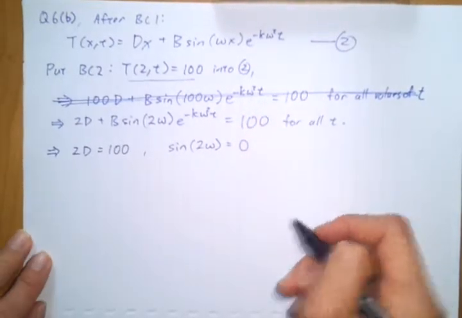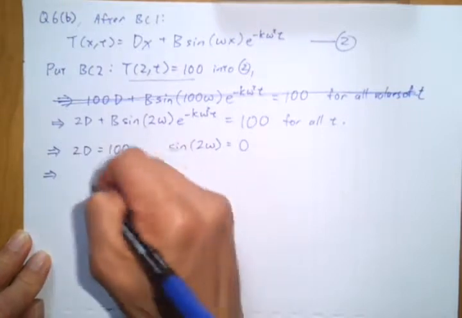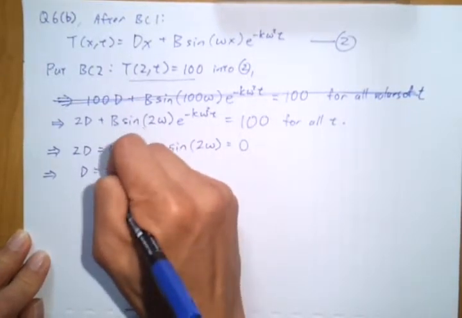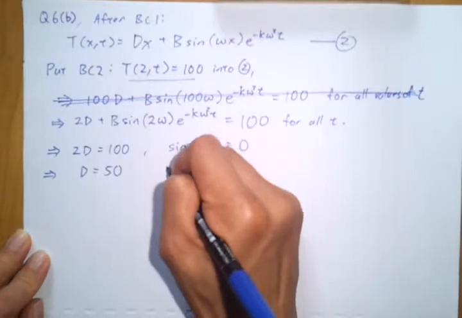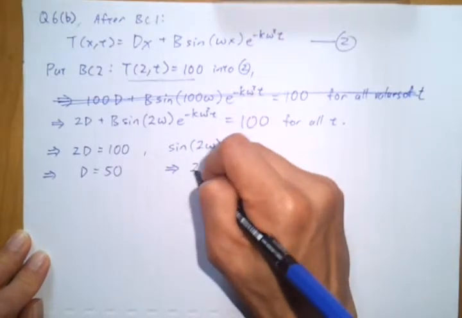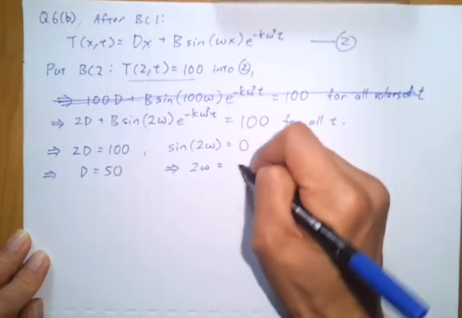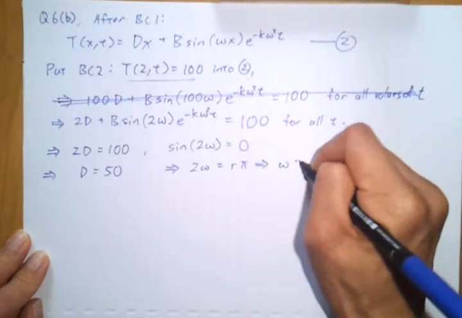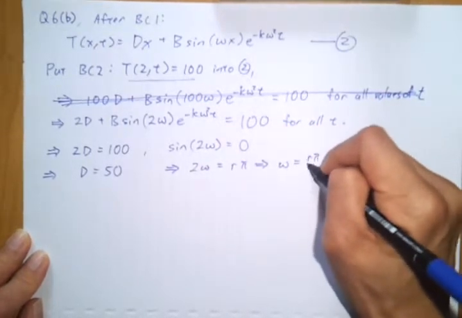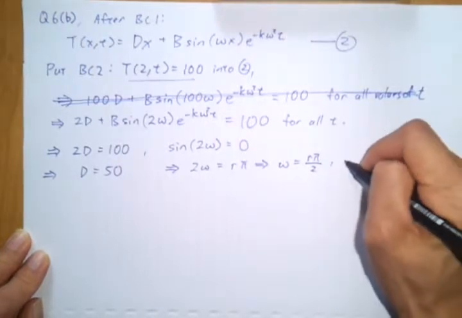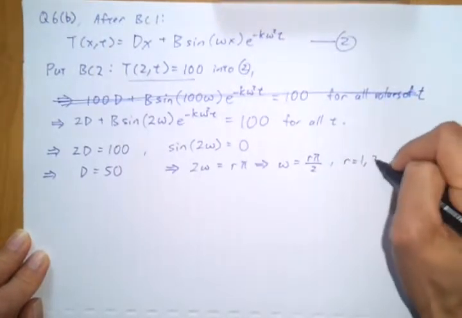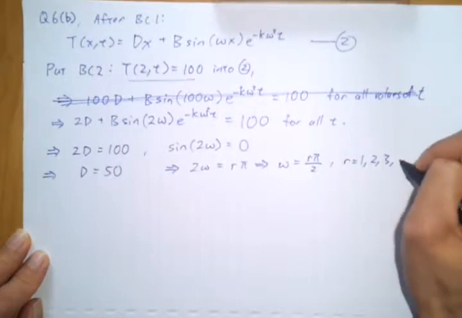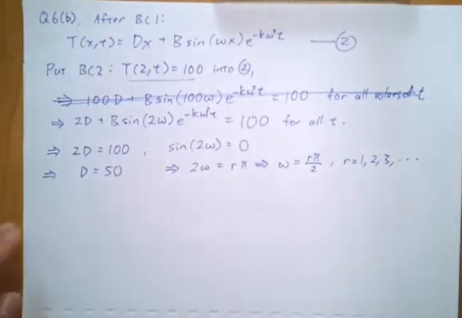This means that for this case, d is 50, and 2 omega is equal to r pi, which means that your omega is r pi over 2, where r can take on any positive integer value.